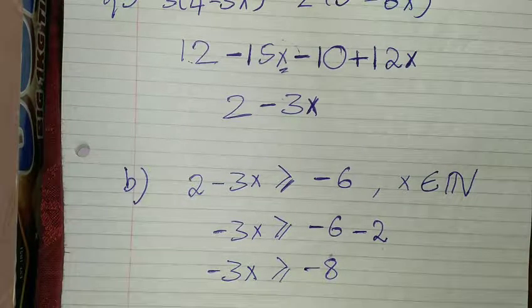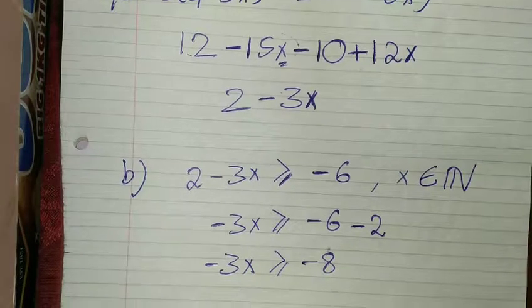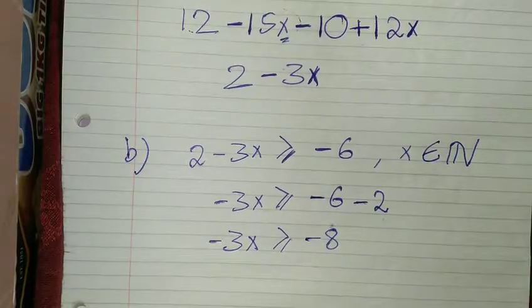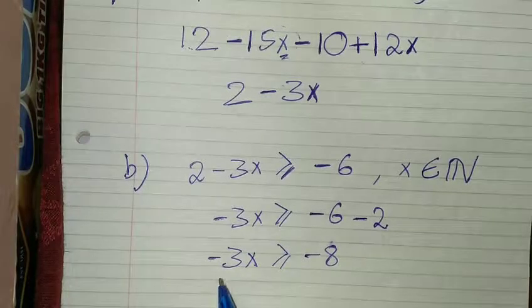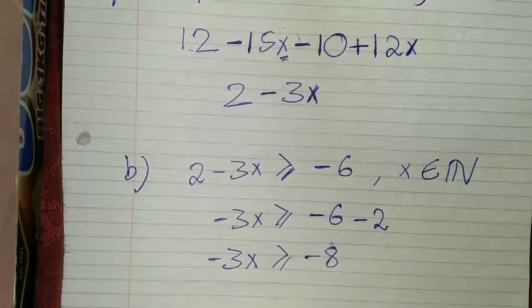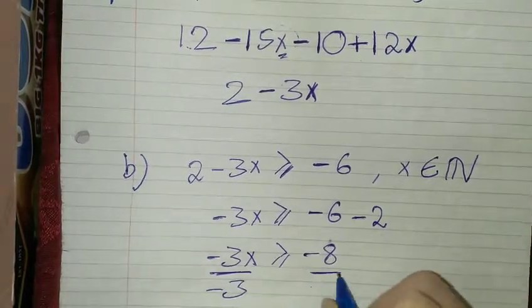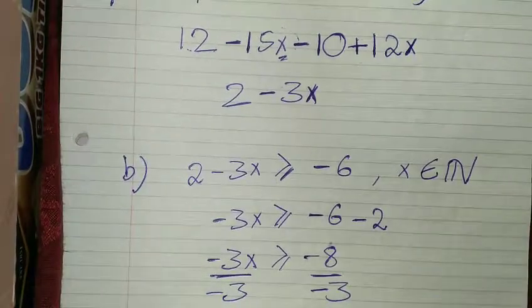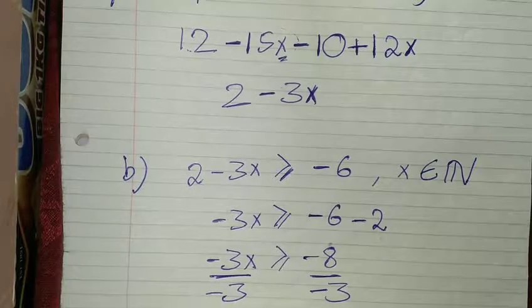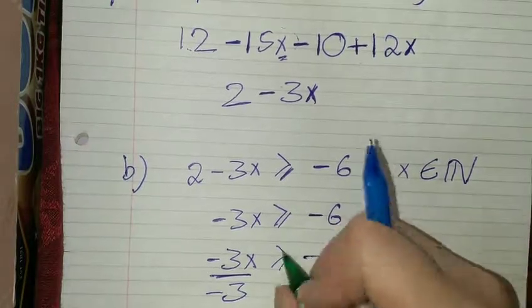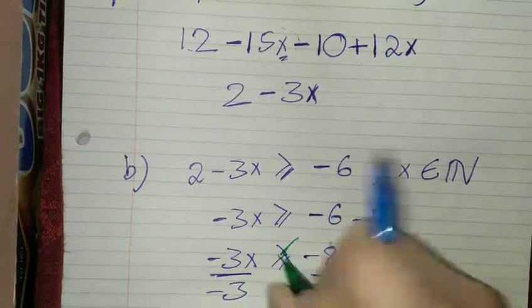So we get minus 8, and then what I'm going to have to do is divide both sides by minus 3. So now when I divide both sides by minus 3, I actually have to change the direction of the inequality.